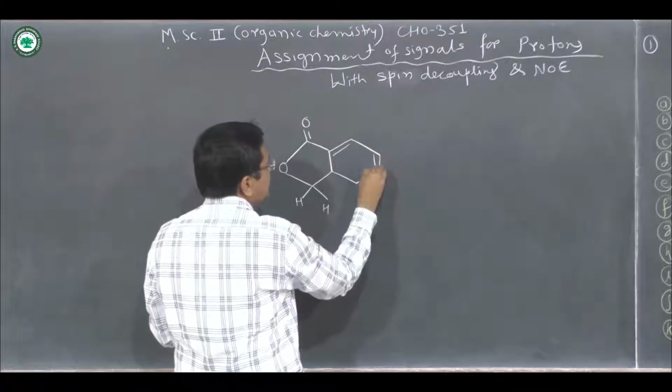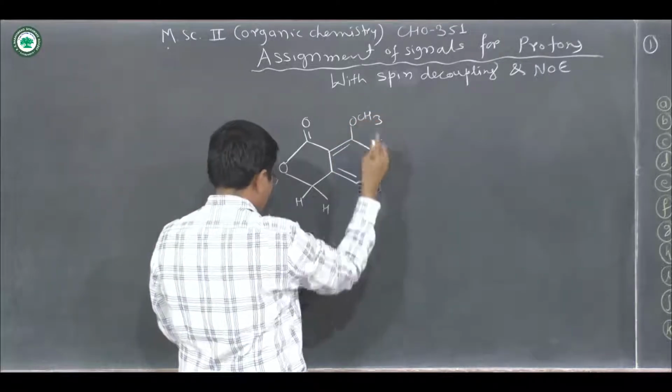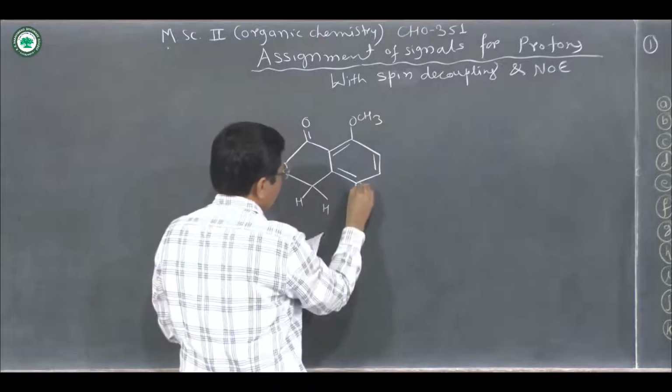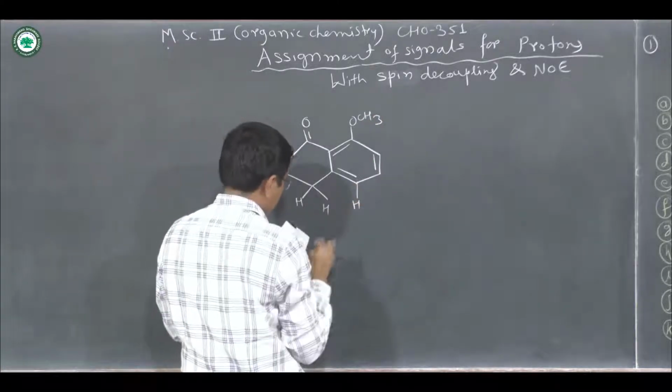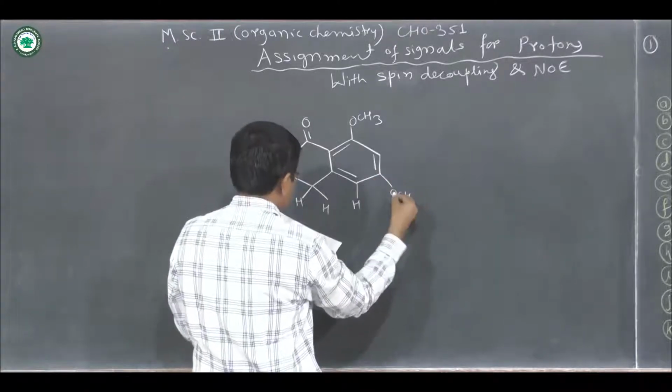This is the benzene ring, an OCH3 methoxy group, here also one proton, and another OCH3 group.